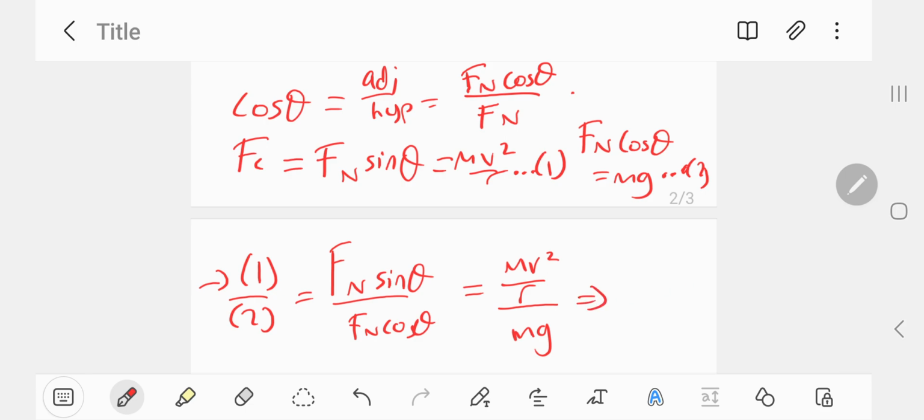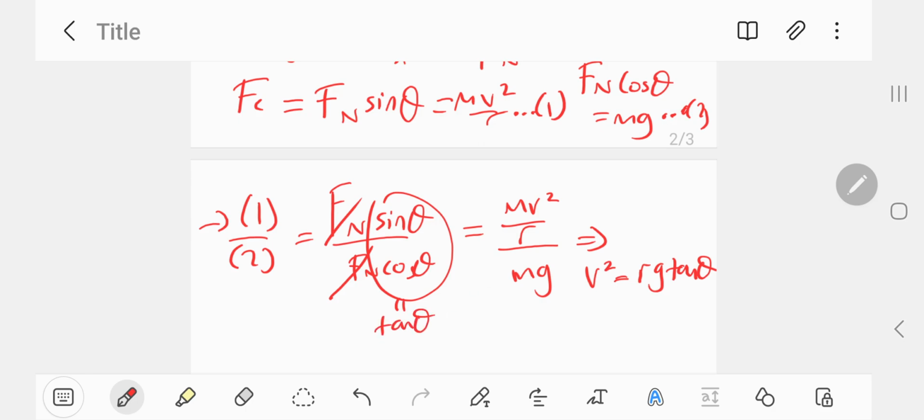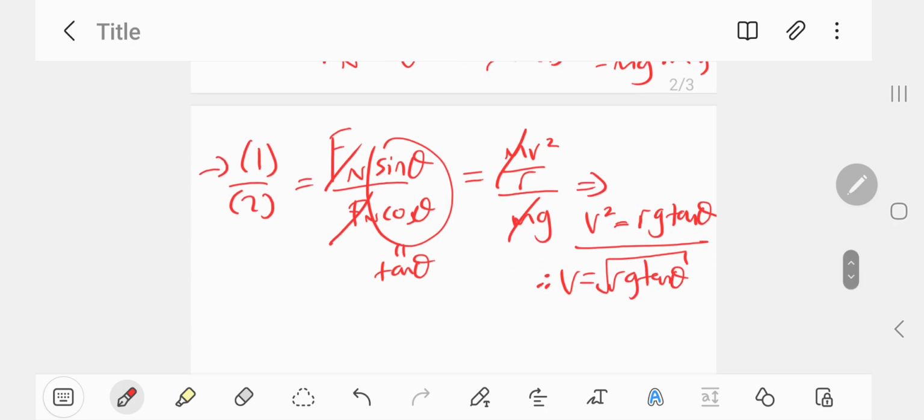And mathematically, when you work this out, you get that v squared is just r g tan theta, because these two cancel out, and sine divided by cos, if you recall from basic maths, is just tan theta. The m's cancel out. Rearrange, you get this. So therefore, v is the square root of r g tan theta.